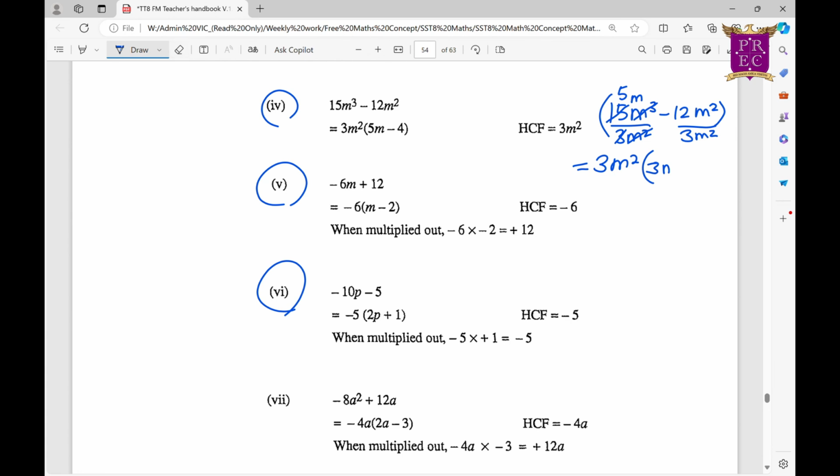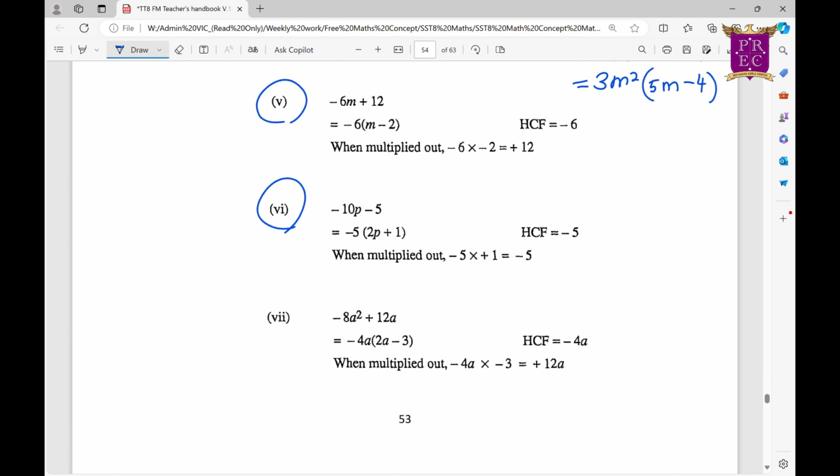So 15 divided by 3 is 5. And so you're left with a 5m. Okay, and the m squared and the m squared can be cancelled out to just get rid of the pronumerals. And negative 12 divided by 3 gives me negative 4. So I'm just left with negative 4. And that is how you factorize that.